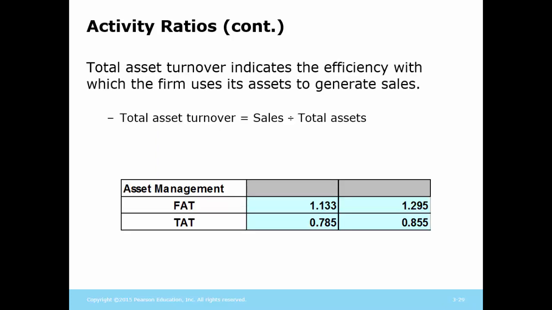We can also then look at bigger pictures of assets. The total asset turnover ratio tells us how efficiently we utilize the entire asset base of the company to generate sales. And as you can see here, 0.78 to 0.85, we have increased our efficiency.